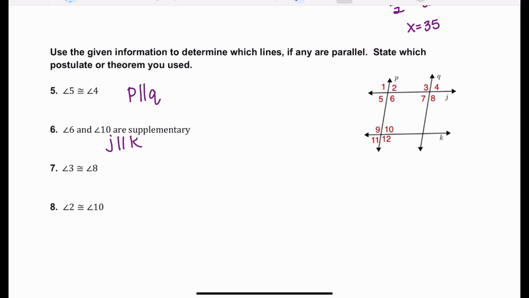Now looking at 3 and 8, 3 and 8 are vertical angles. All vertical angles are congruent. That does not have anything to do with parallel lines. So this is no lines are parallel.